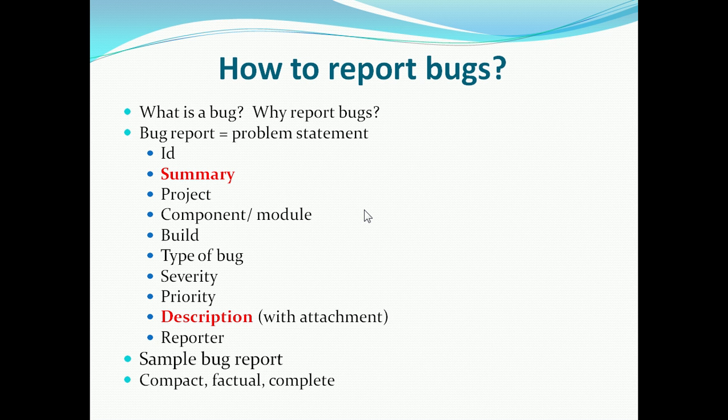So make sure it is as compact as possible, and also factual in the sense that it should just state the facts: what you did, what data you used, what the problem was, what you were expecting. You should not give your feelings, like this is not at all what I was expecting or anything like that. Just state the facts in a very clear, objective manner.